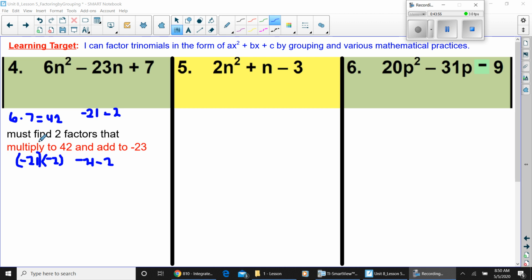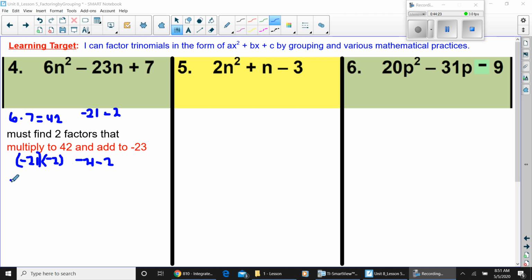Okay, so 6 times 7, 42. You have to find two factors that multiply to 42 and that add to negative 23. Right? So negative 21 times negative 2 is 42. Negative 21 minus 2 is negative 23.